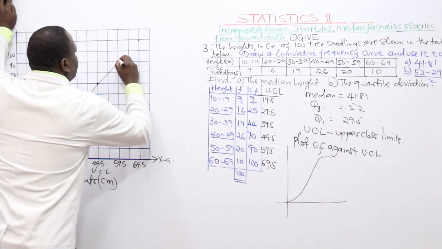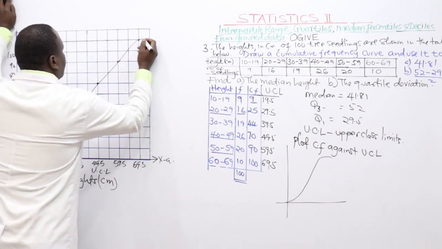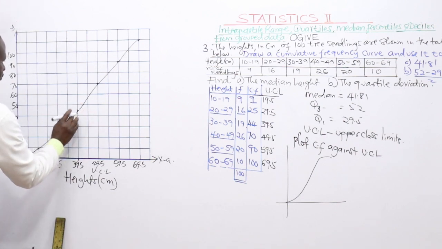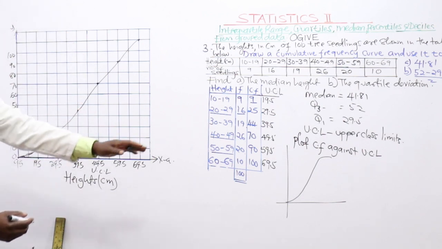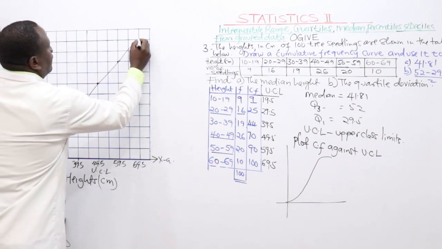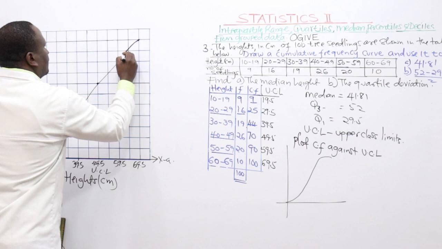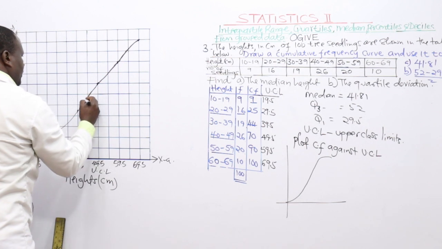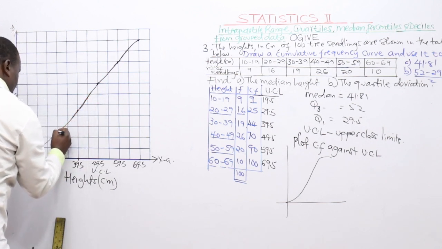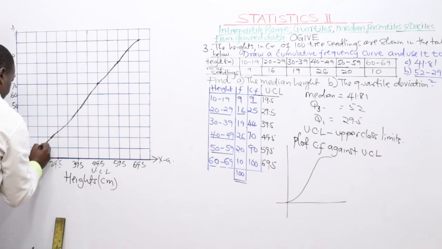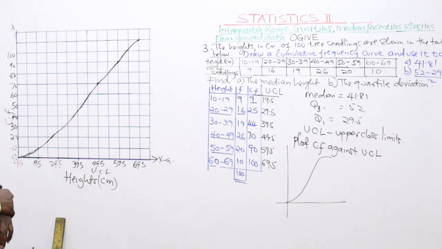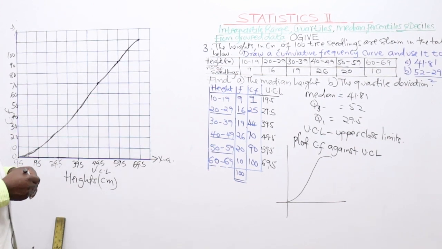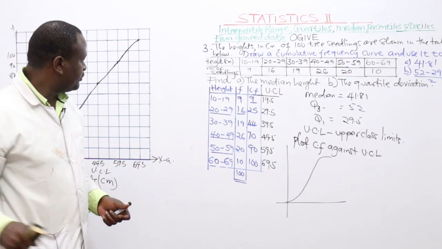So it should look like an elongated S. Not straight, but somehow a curve. After drawing and labeling all the axes, the next step is to answer the questions very easily.